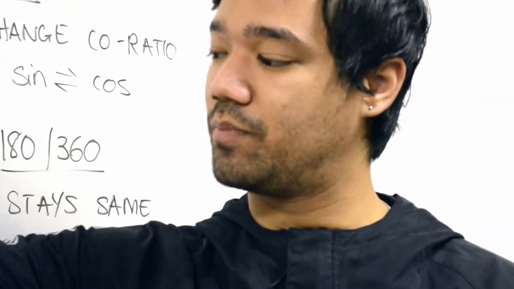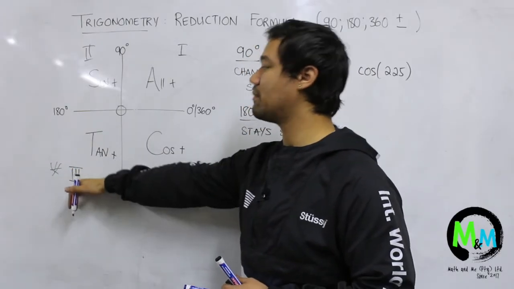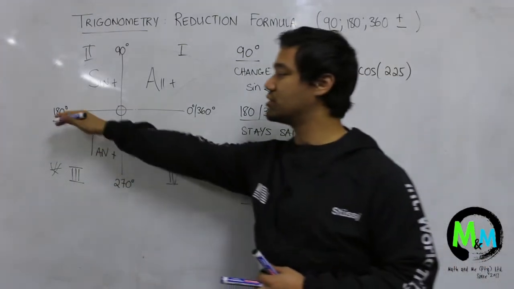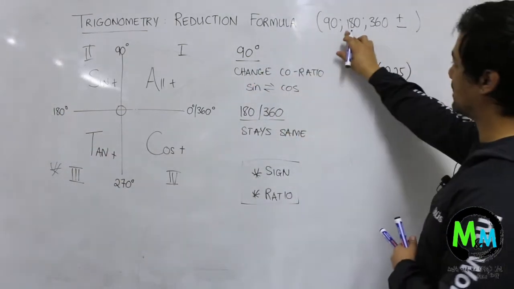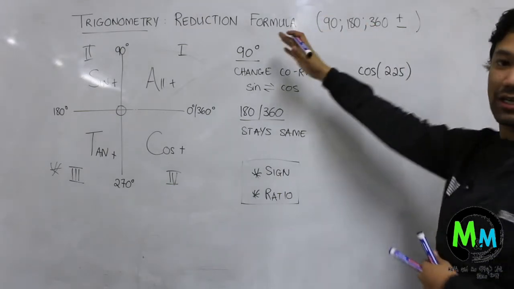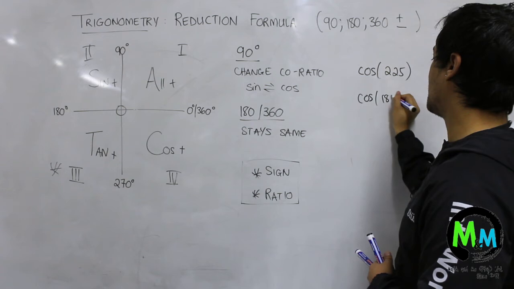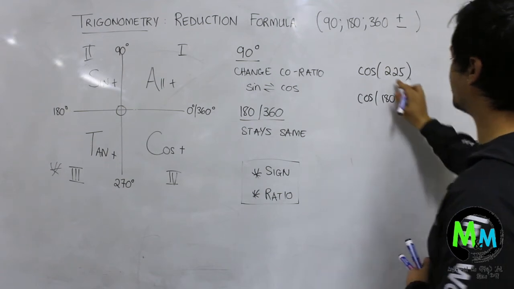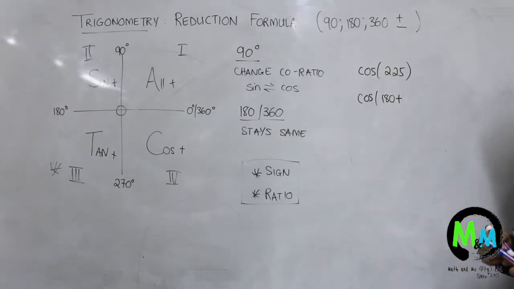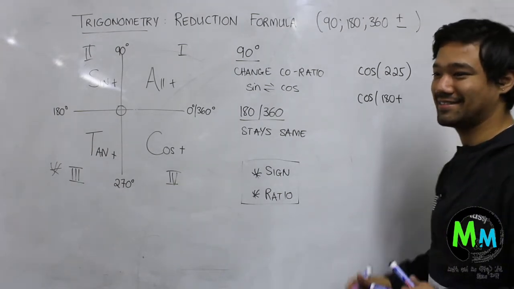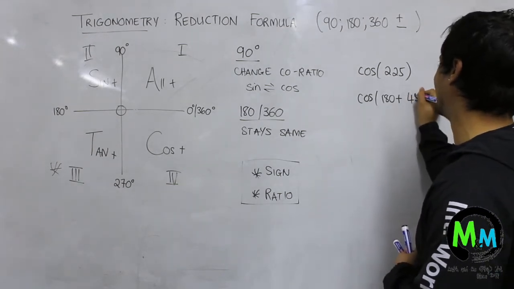So that will either be 180 plus or 270 minus. But since we don't know the 270 rule or don't learn it anymore, we will just use 180 plus because it needs to be one of these three for reduction formula. So I'm going to say cos of 180 plus what? What gives me 225? I'll give you some time to work it out without touching the calculator. Well done. It's 45 degrees.